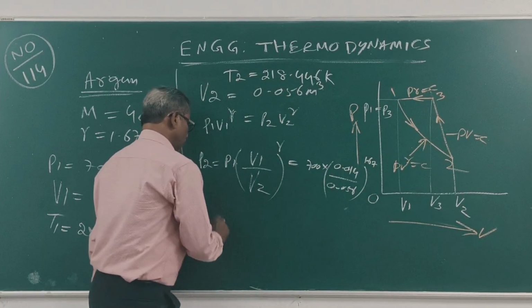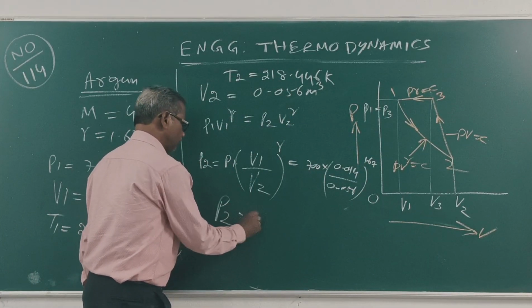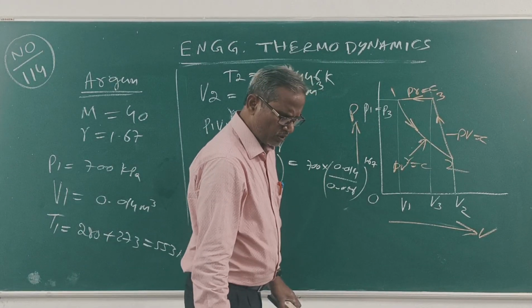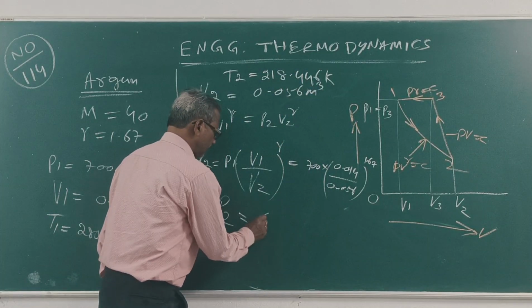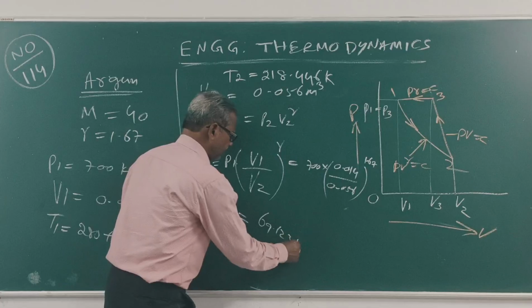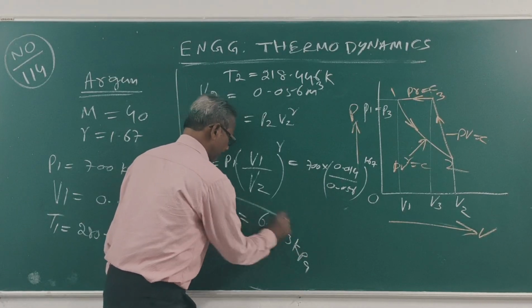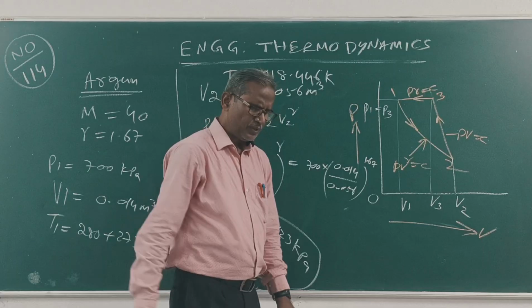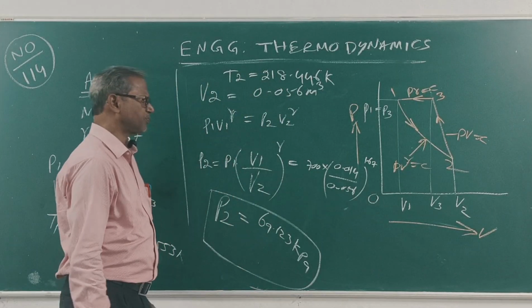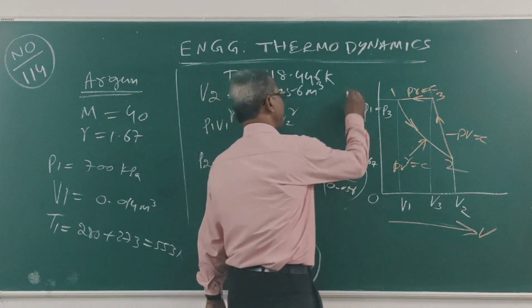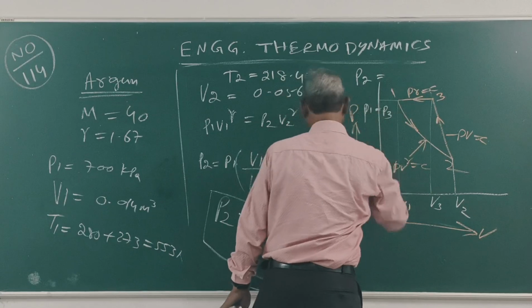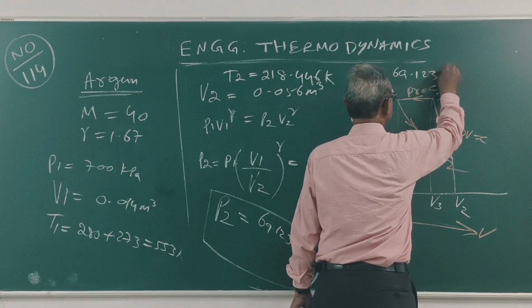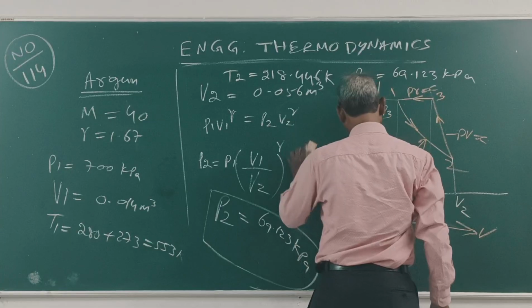So P2 is equal to 69.123 kilopascal. Right? This is P2.